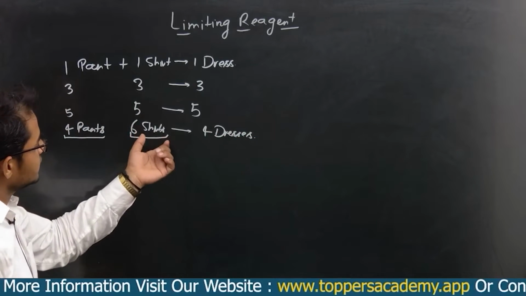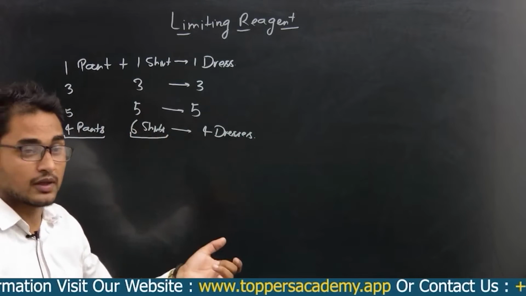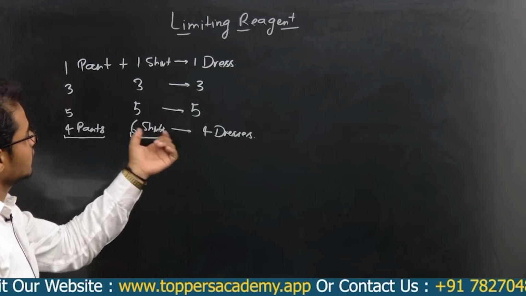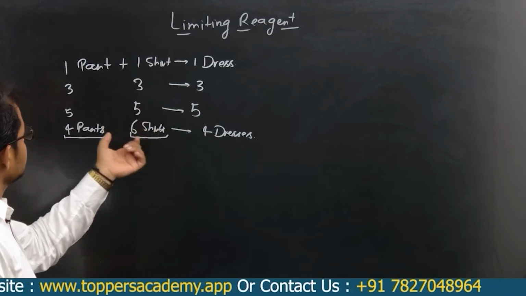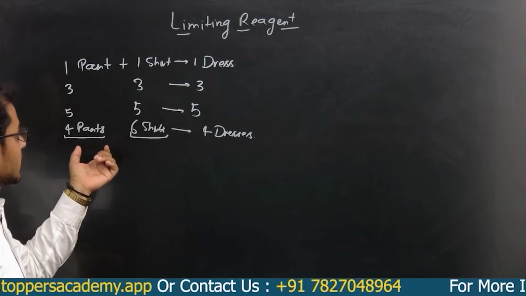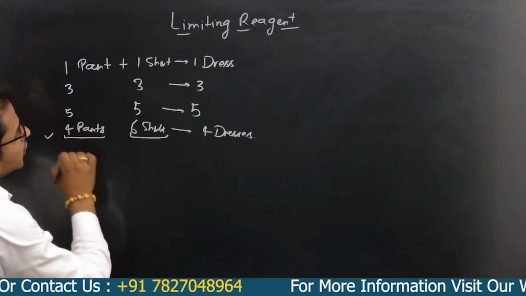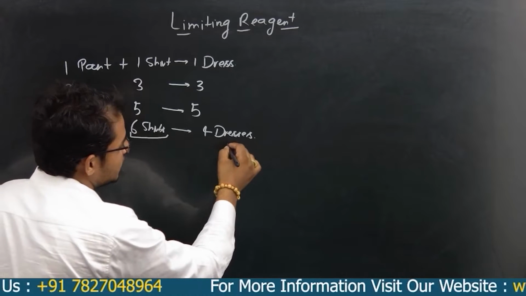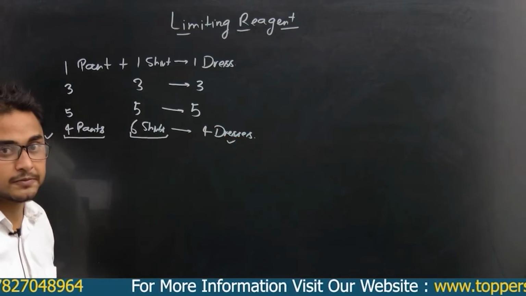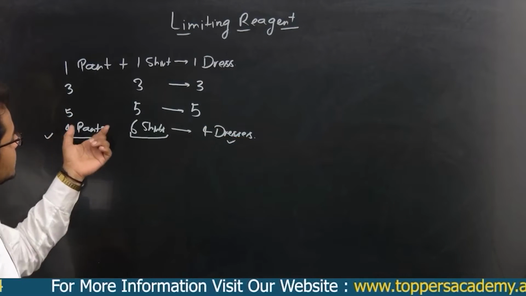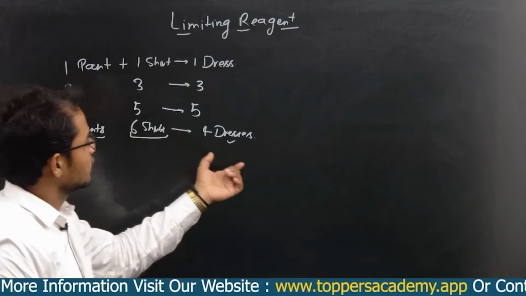According to the number of shirts, 6 dresses must be formed, but for 6 dresses, 6 pants must also be there, right? But there are only 4 pants, so this number will decide the amount of product, that is the number of dresses formed. So 4 pants and 6 shirts will make 4 dresses.